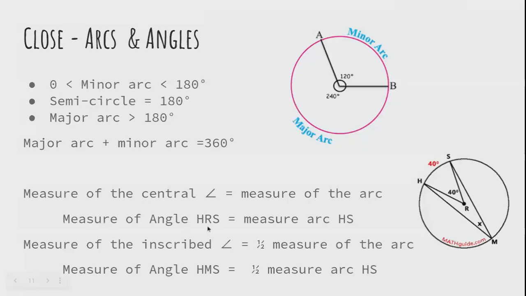The measure of angle HRS, the central angle, is equal to the measure of the arc from H to S. And the measure of the inscribed angle HMS is equal to half the measure of arc HS. Okay?